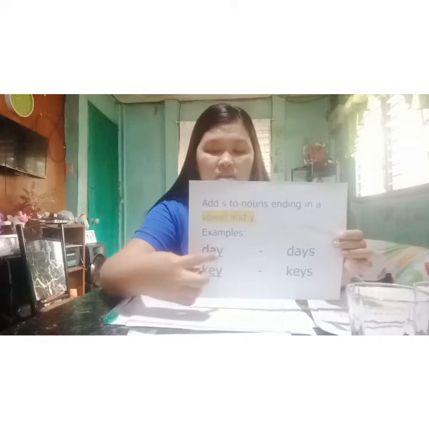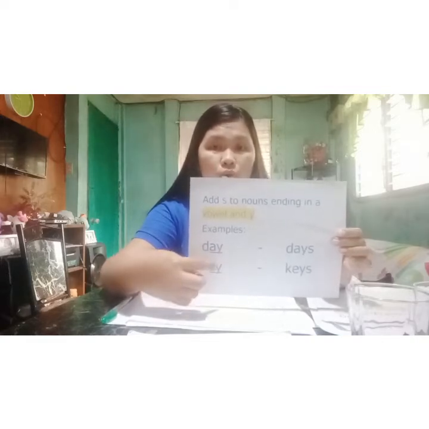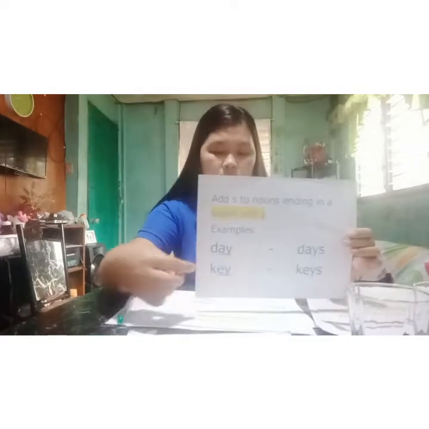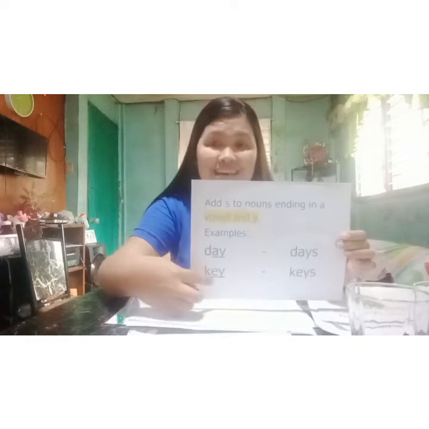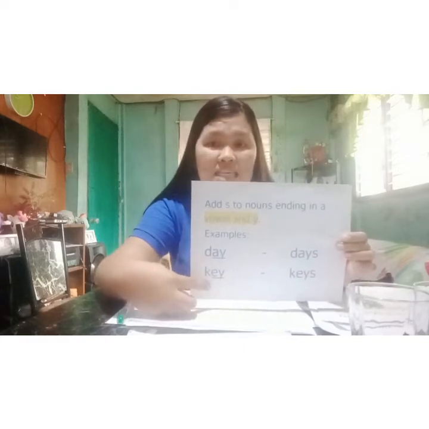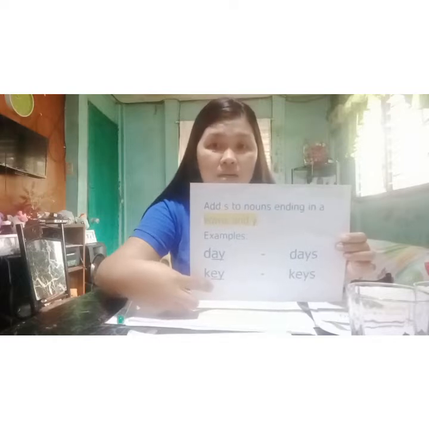The letter before Y is A, so we add S, it becomes days. Another example, key. The letter before Y is E, which is a vowel, so we add S, it becomes keys.